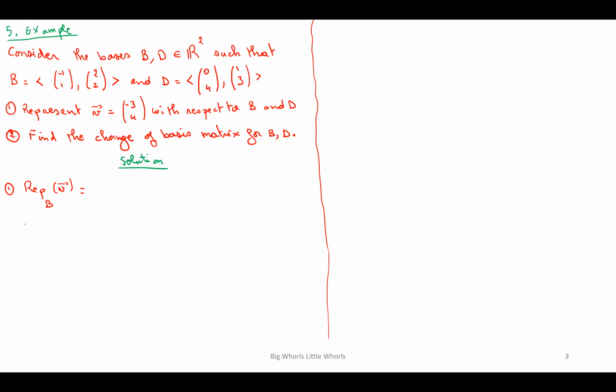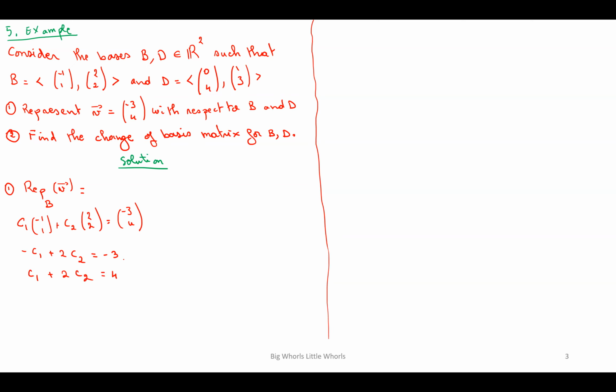We take a linear combination of the vectors of B. So we have C1 times (-1, 1) plus C2 times (2, 2) equals our vector V, which is (-3, 4). So we have -C1 + 2C2 = -3, and C1 + 2C2 = 4.